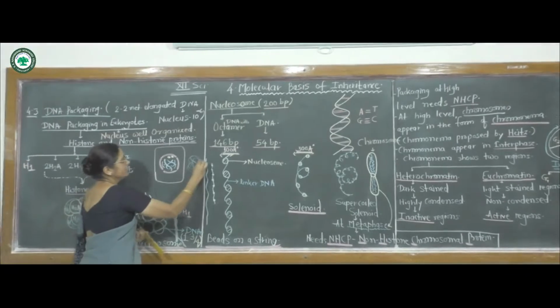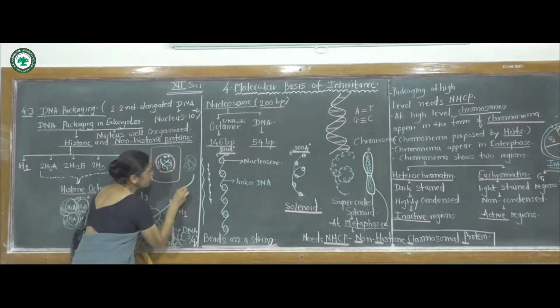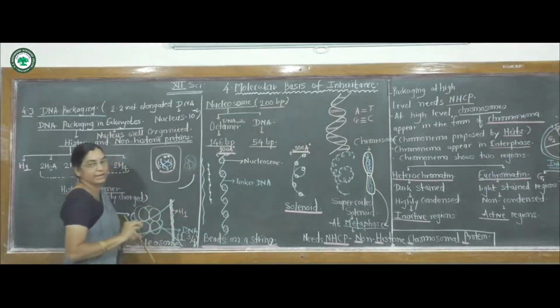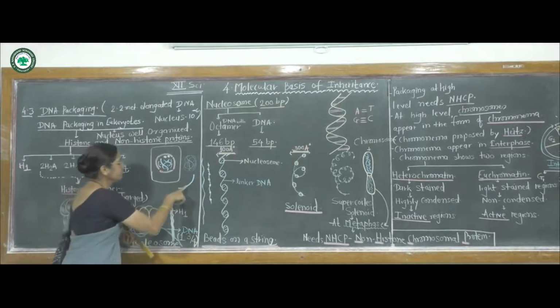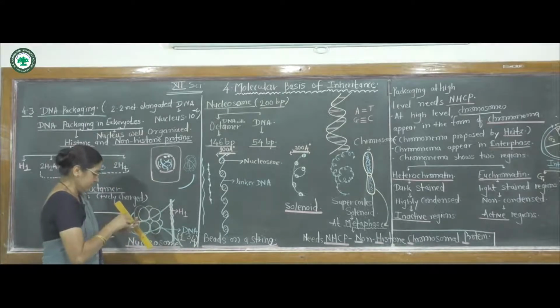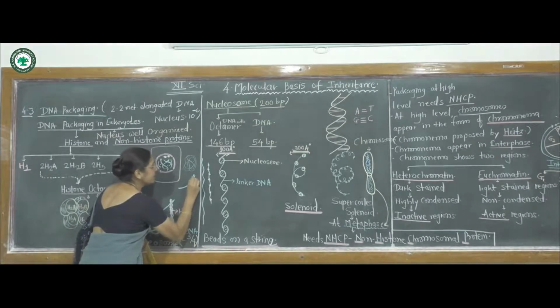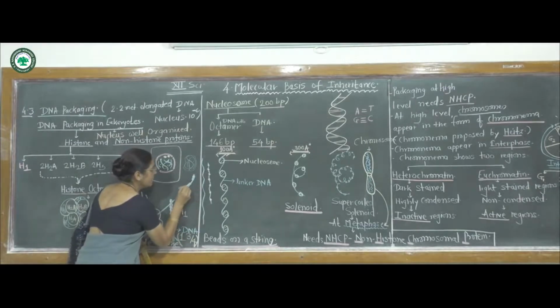Suppose here one expanded part, suppose here the chromatin network or the chromonema, the one part which shows the highly condensed, that means the dark stained region. Here the highly condensed or the dark stained region.